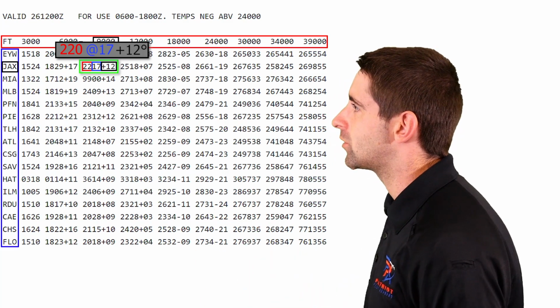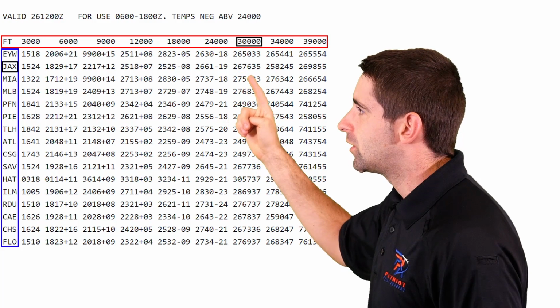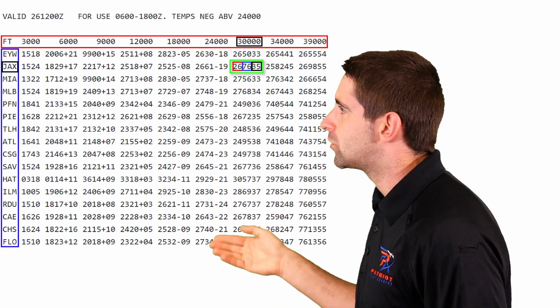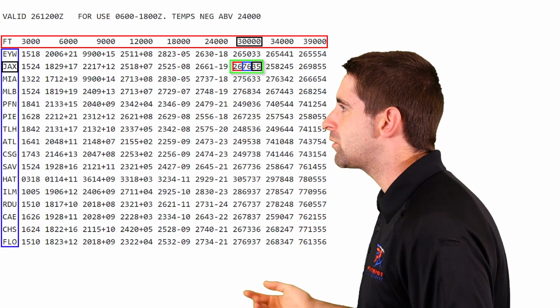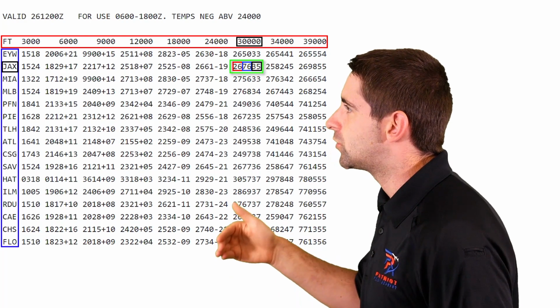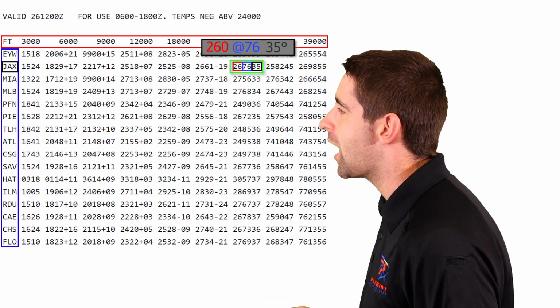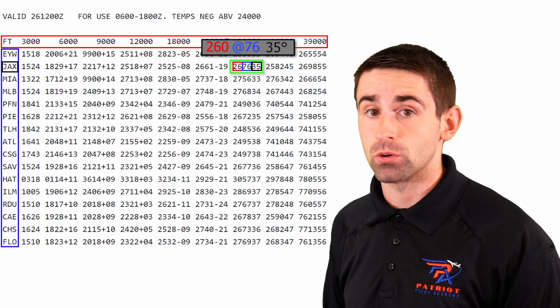Let's stay with Jacksonville, and let's go up to 30,000 feet. We have 26, 76, 35. So again, we've broken it down into increments of 2. Okay, so we have 26, add the 0, 260 degrees at 76 knots. But hold on, the temperature is 35, but is it positive or is it negative?